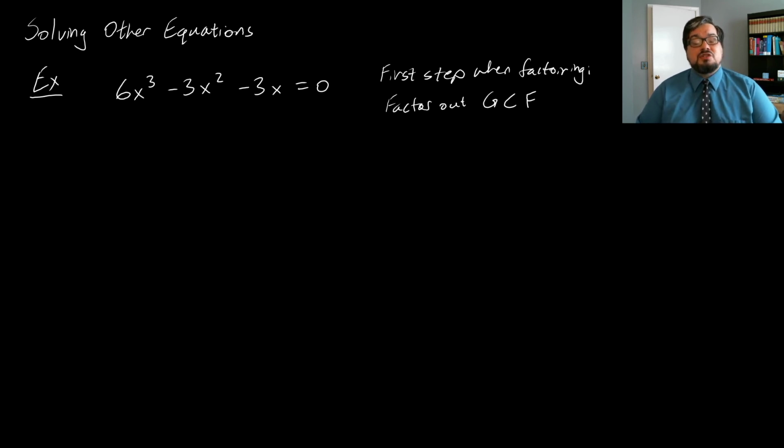And that means that we want to start off by looking at all the terms in our polynomial, and say what's common to all of them and factor that out first to simplify the problem.